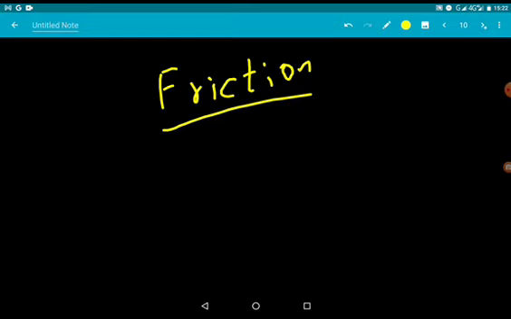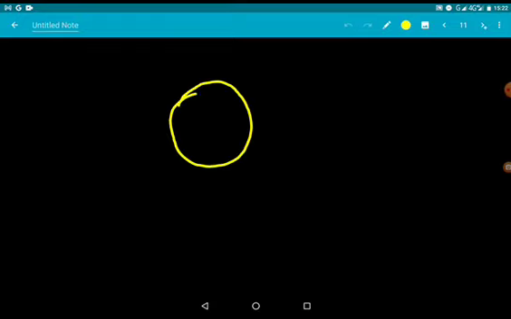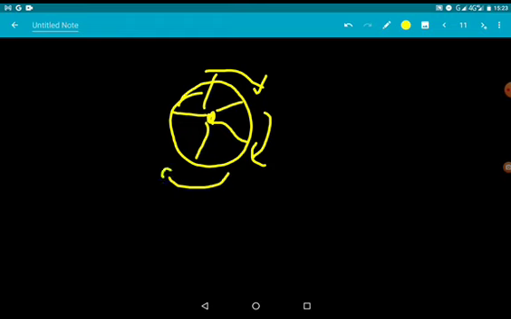But before that, consider the motion of a wheel. If this vehicle tire is rotating towards this direction, what will be the frictional force direction?